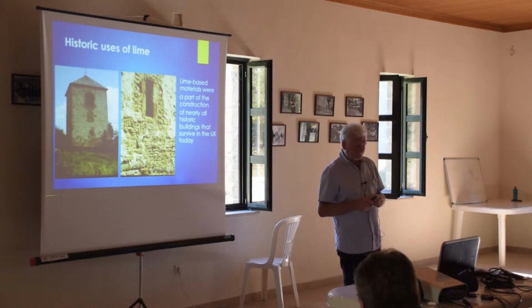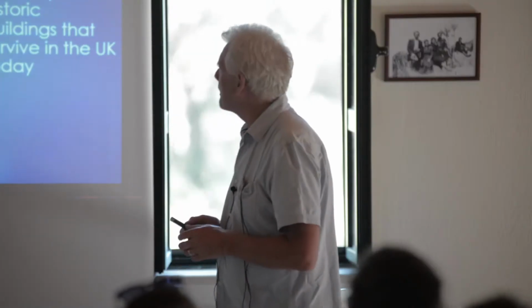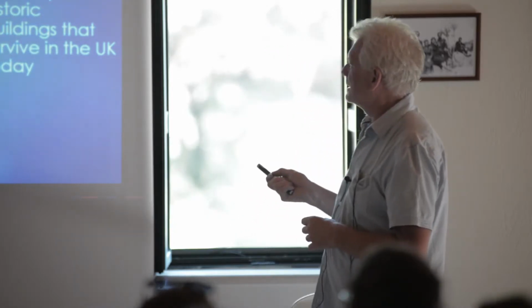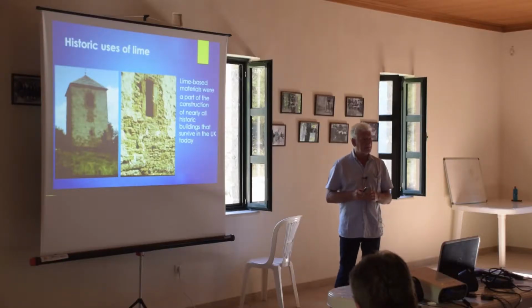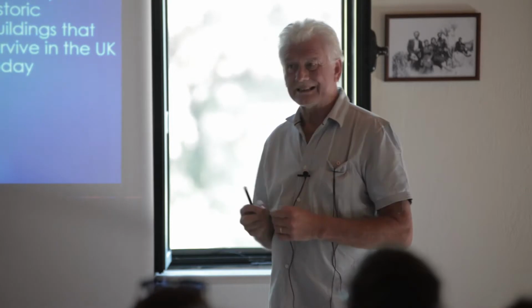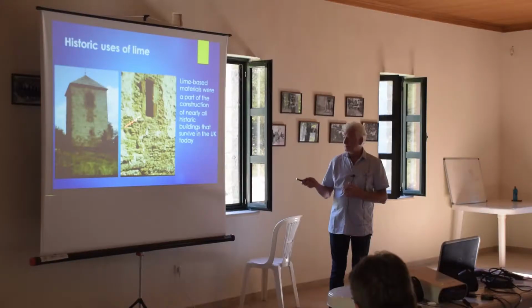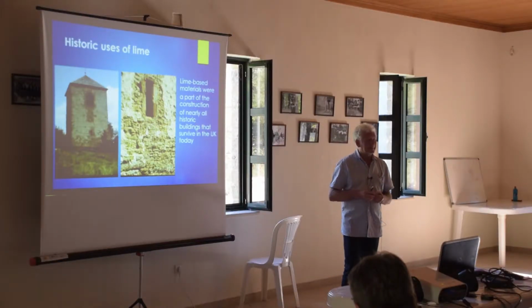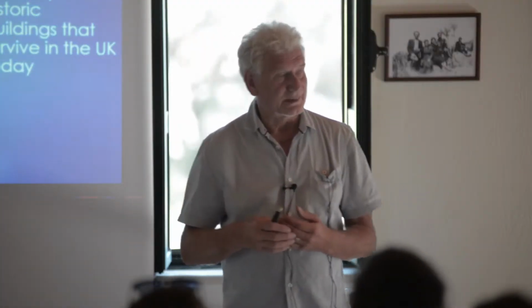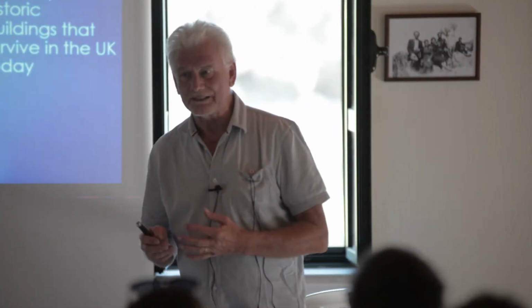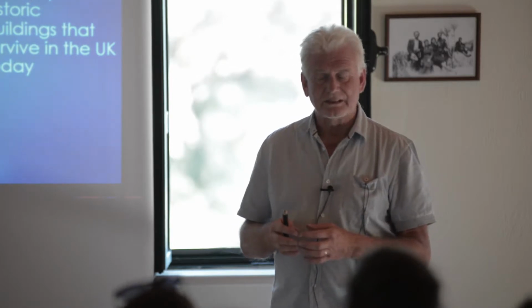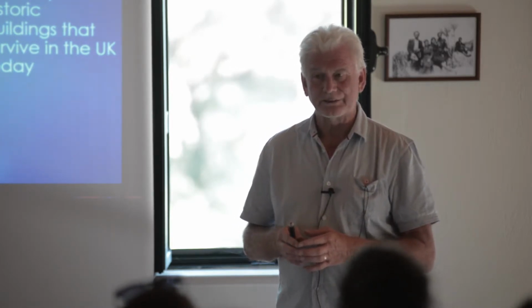In the UK, lime-based materials were a part of construction of nearly every single historic building of this type, which is a structure with mortar, in the UK. And I told you yesterday, I guess, that there were about 500,000 protected buildings in the UK.